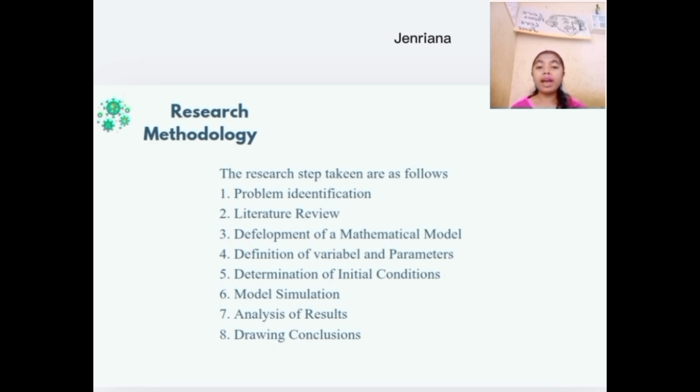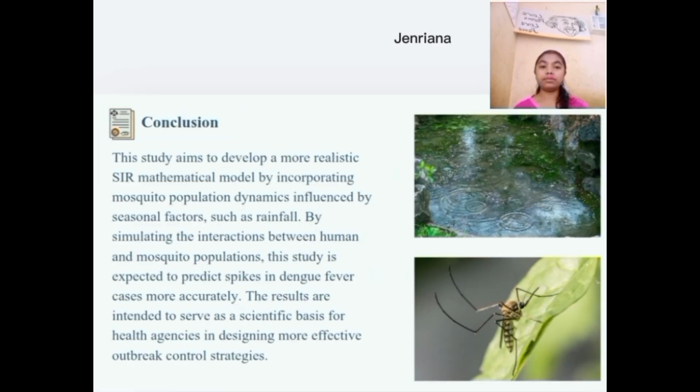First, we identify the problem, then we study related theories in the literature review. After that, we develop the mathematical model. Next, we define all variables and parameters and set the initial conditions. Once ready, we run the model simulation. Finally, we analyze the result and draw conclusions.